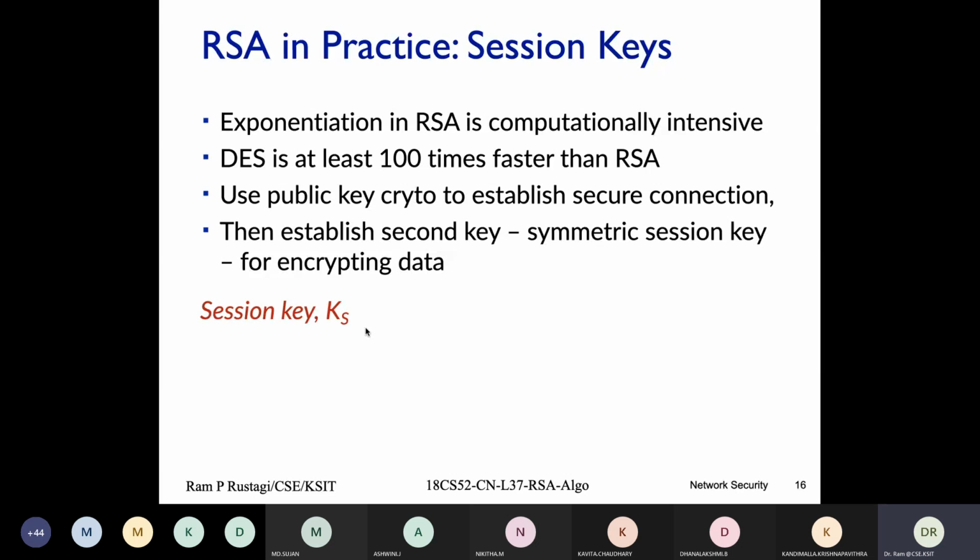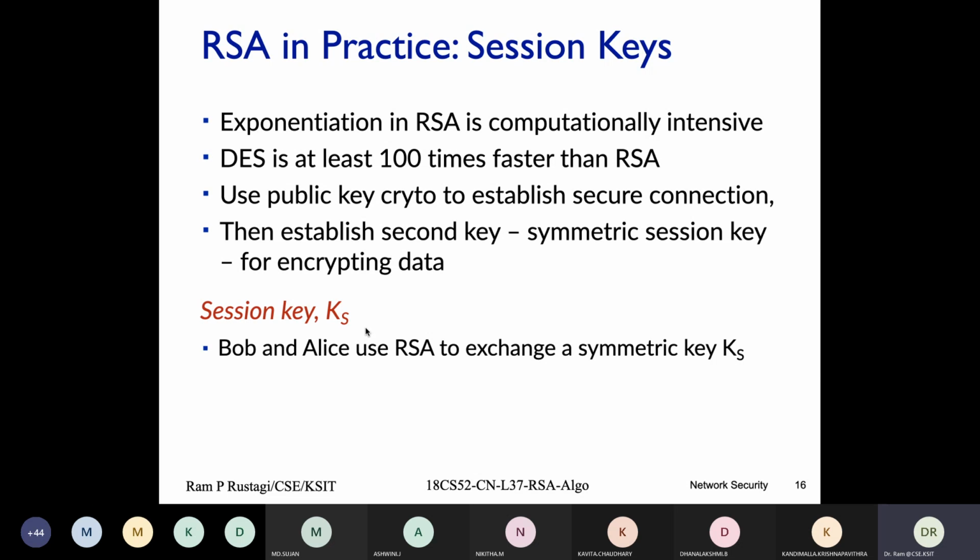Since you use different session keys for different sessions, no hacker can figure out what is being computed, because by brute force it will take millions of years or more to decrypt these keys, which is practically infeasible. And that is where the RSA public key algorithm works.